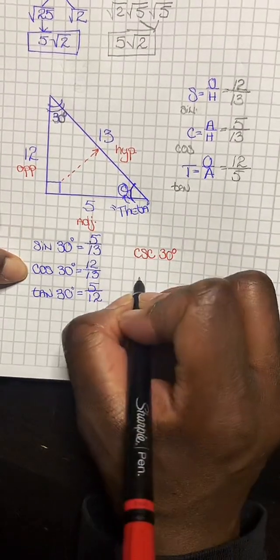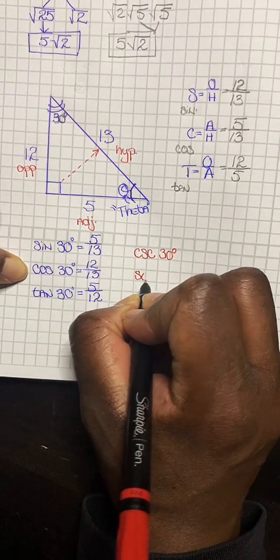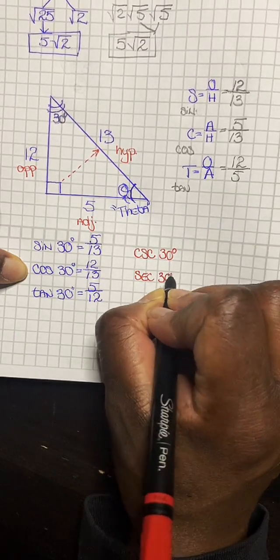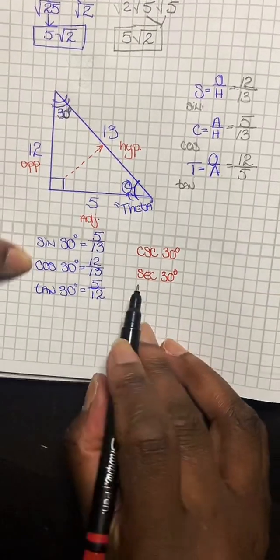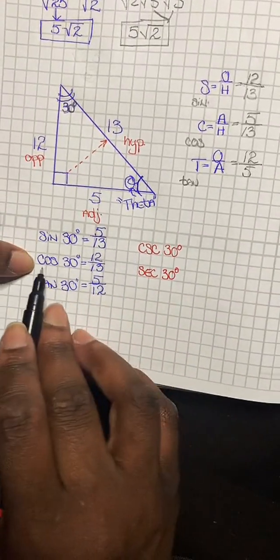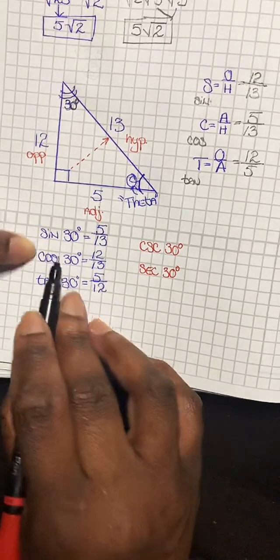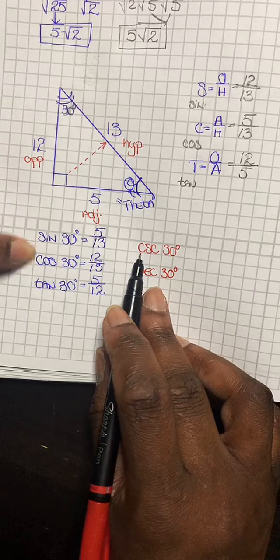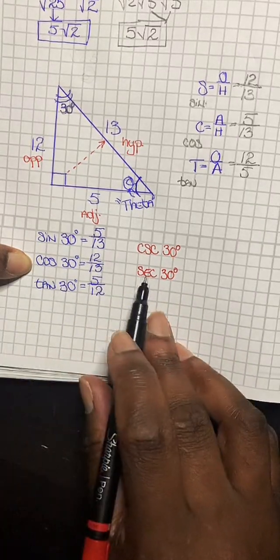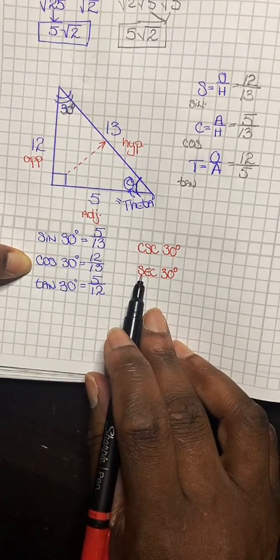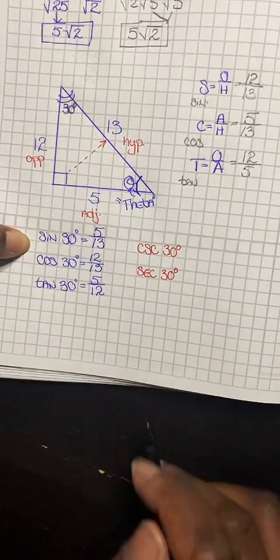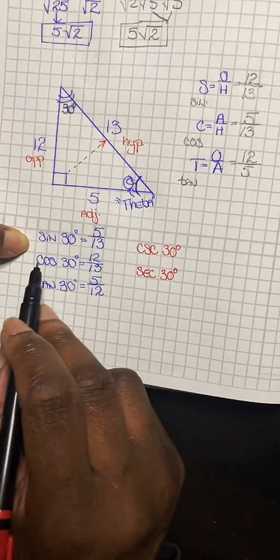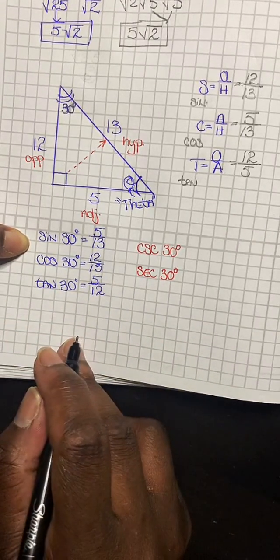The inverse of cosine is secant. Okay, notice the S and the C's kind of flipped. Sine starts with S, cosecant starts with C. Cosine starts with C, secant starts with S. Okay, so it's never an SSCC situation. You always have an SC or a CS type situation.